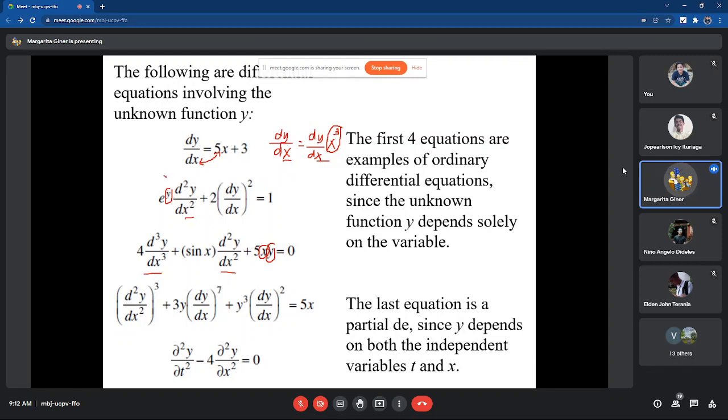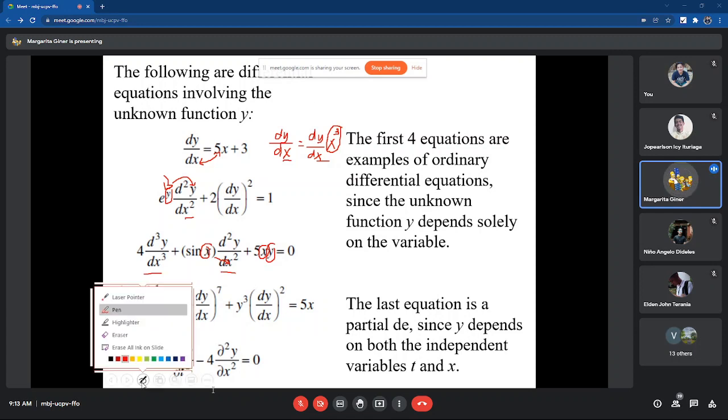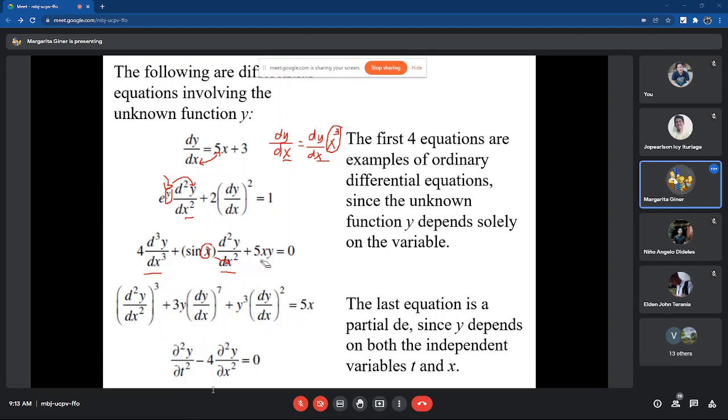Your dependent variable is y, represented by the y here, and the x here represents your independent variable. So you cannot say that it has two variables, x and y. That is still one variable, because y represents your dependent variable.